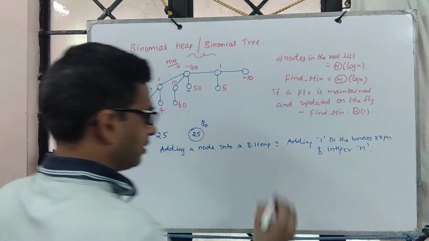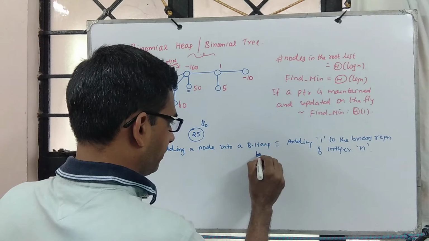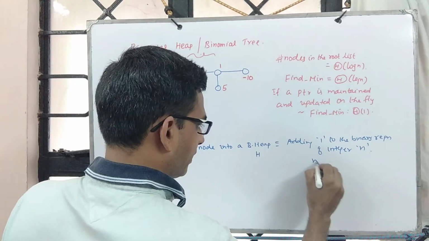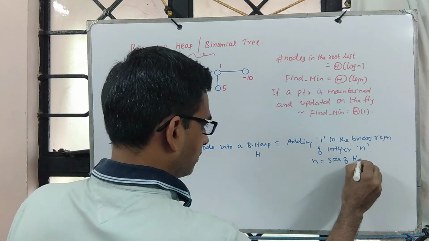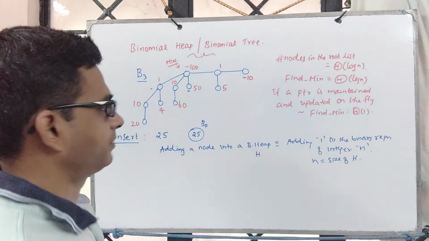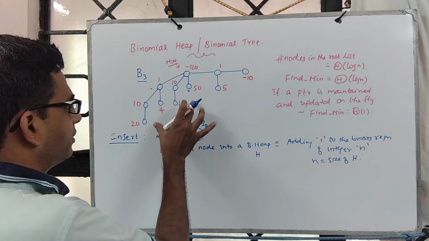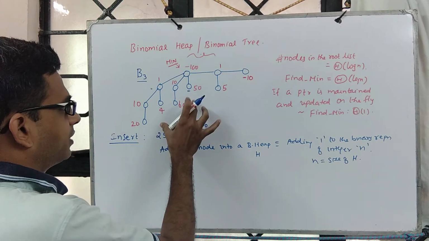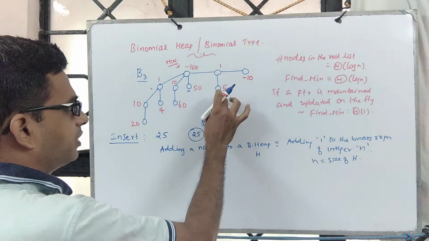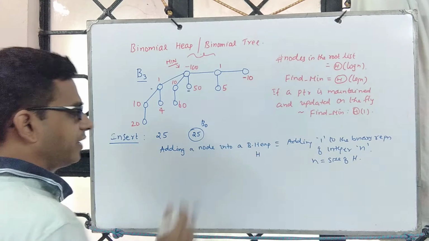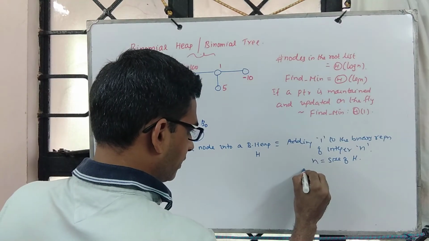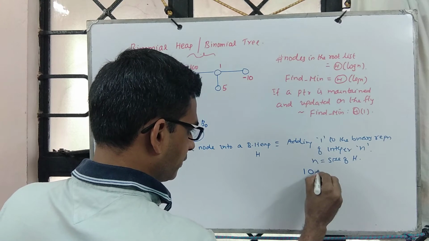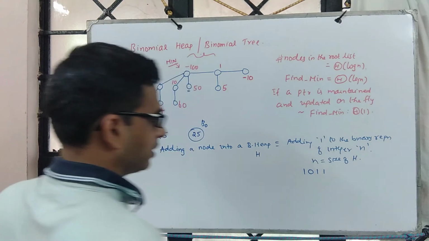What is that n? Suppose I say into a binomial heap h, and n represents the size of h, meaning the number of nodes in h. So how many nodes are there in this? B3 is 8, this one is 2, this one is 1, so 11 nodes are there. So what is the binary representation of 11? It is 8, 4 is 0, 2 is 1, this one.